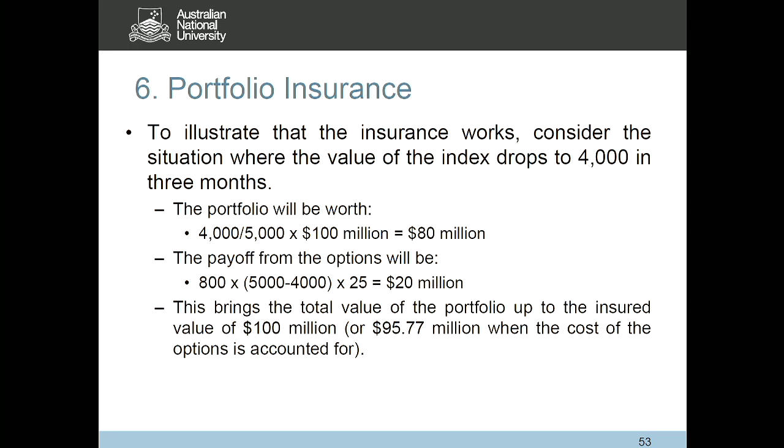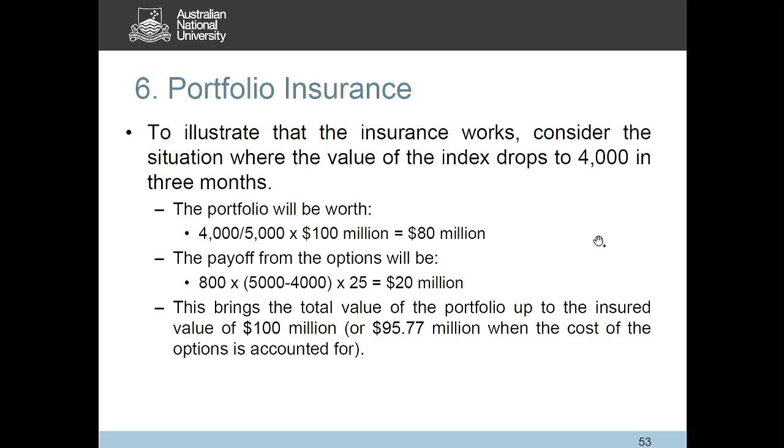So in this case, we don't need the capital asset pricing model to adjust for the return on the portfolio because the market return is just our portfolio return. So if the index dropped from 5,000 to 4,000, then our portfolio value will drop from 100 million to 80 million. So that's a $20 million loss in our portfolio.